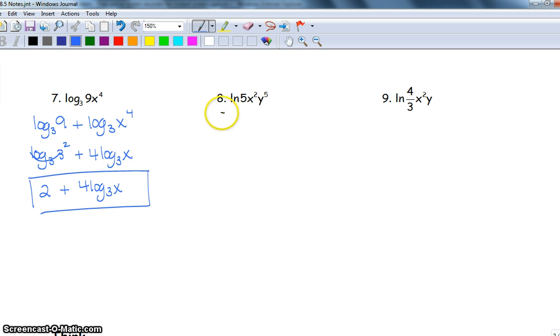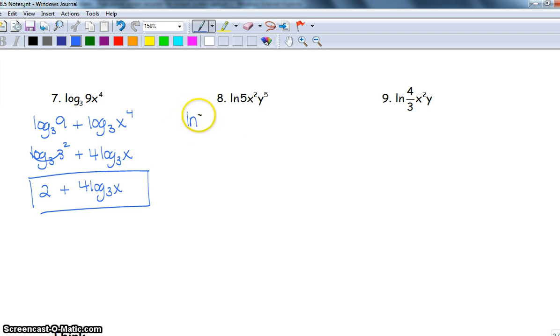Number 8, it's not a log base 3 or a log base 5, but it's the natural log. So you're going to treat it with those same 3 rules that we used for all the last couple problems. So now I've got 3 pieces. I've got a 5, x squared, and y to the 5th. Since I have 3 pieces here, I'm going to have 3 pieces in my answer. Since it's all multiplication, they're all going to be separated by addition signs.